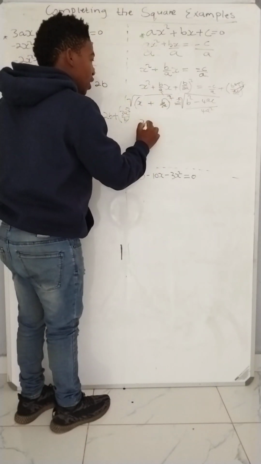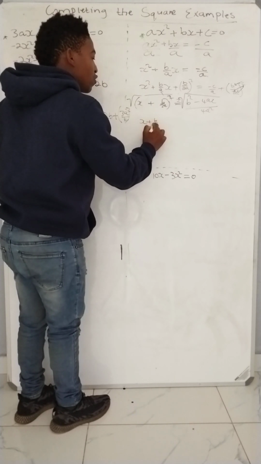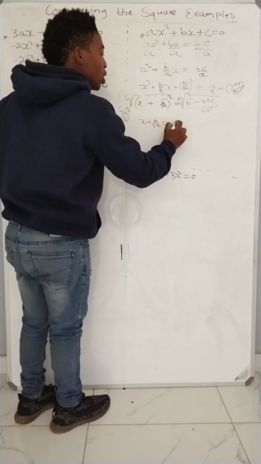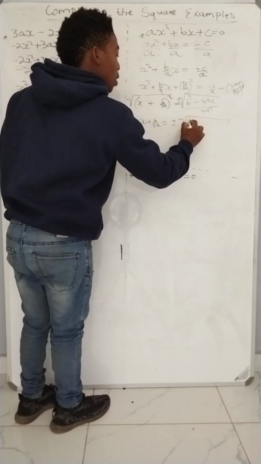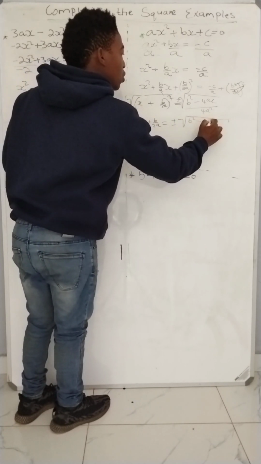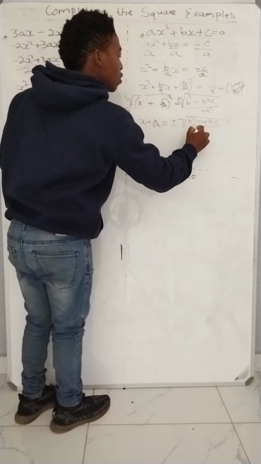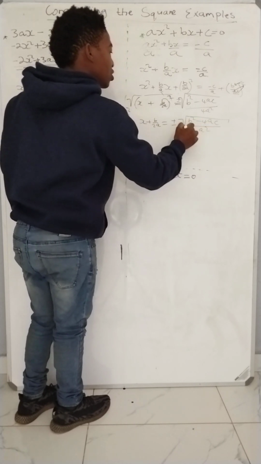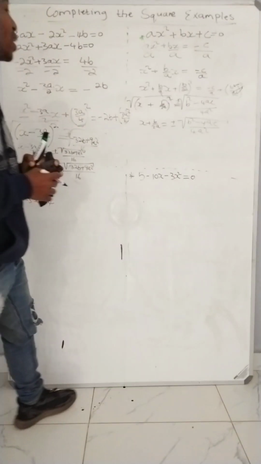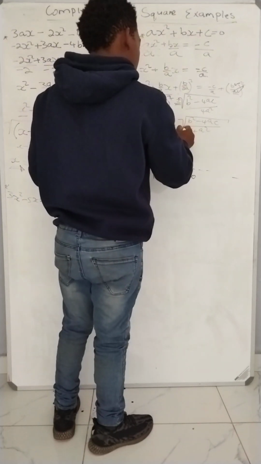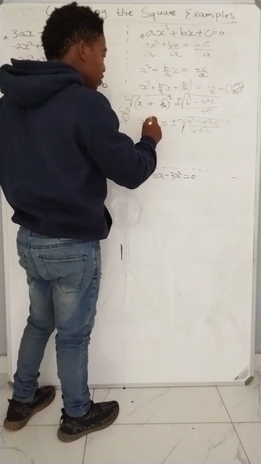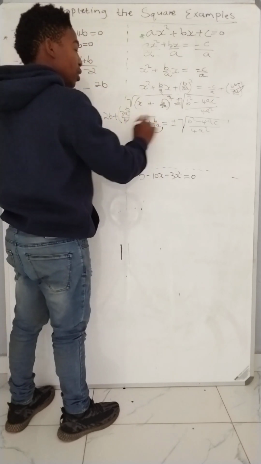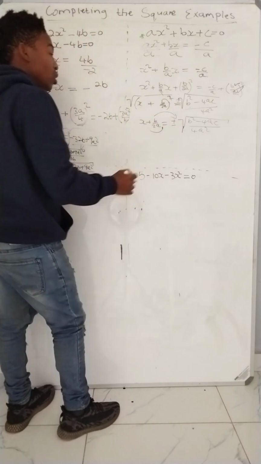You'll be left with x plus b over 2a is equal to plus or minus the square root of b squared minus 4ac over 4a squared. This 4a squared is under the square root as well. All right, so now the next step, you're going to be taking this constant term to the other side, right?